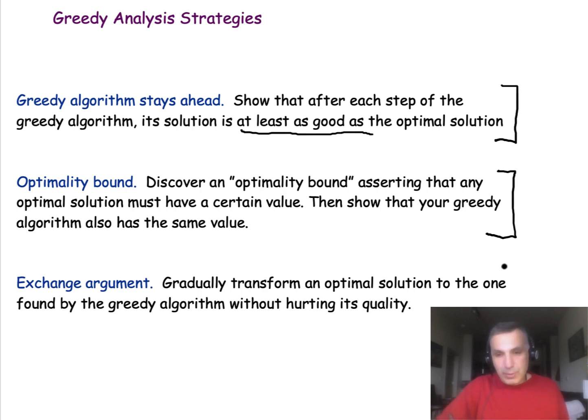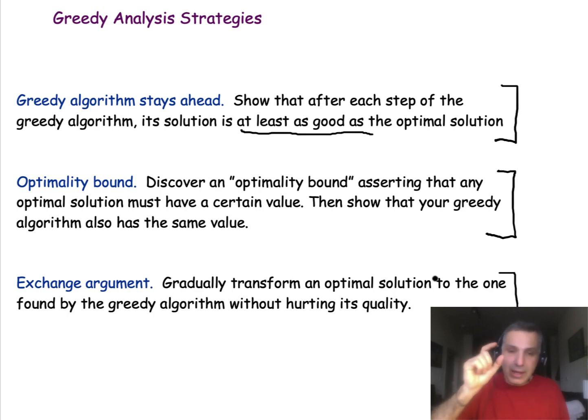The third approach, which we will see on Thursday, is the so-called exchange argument, where you start from the optimal solution and you gradually change it step by step through some exchanges until you get the solution that is produced by the greedy algorithm.